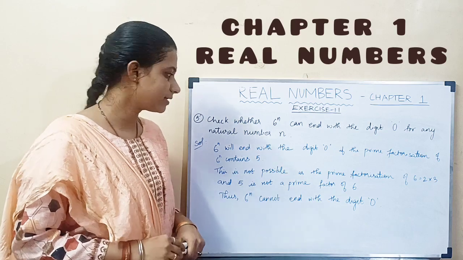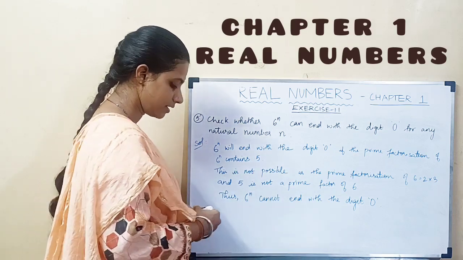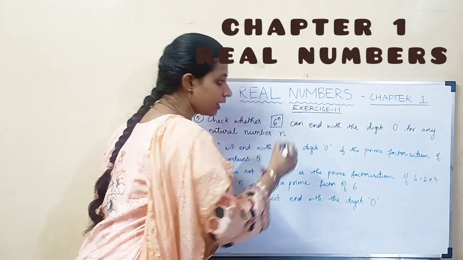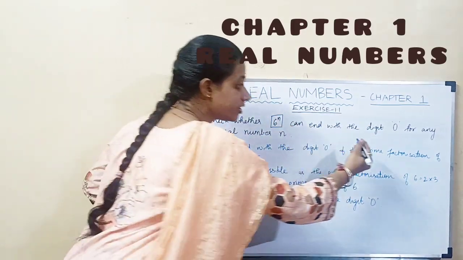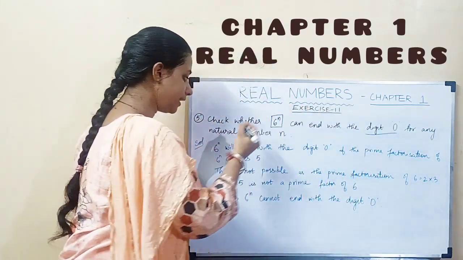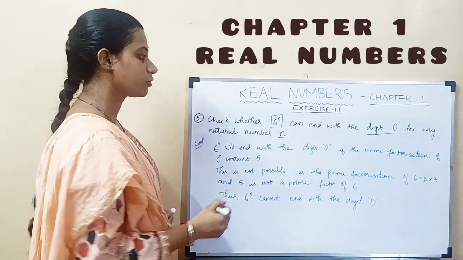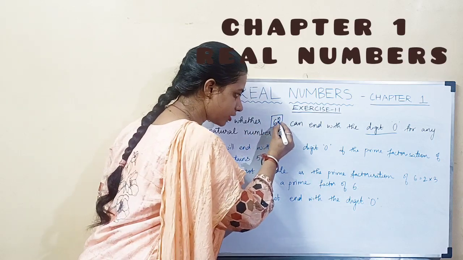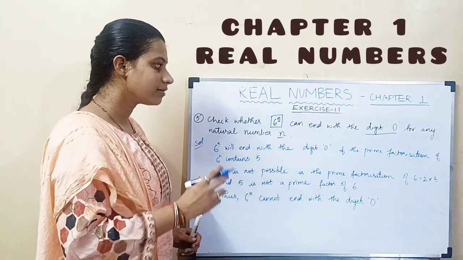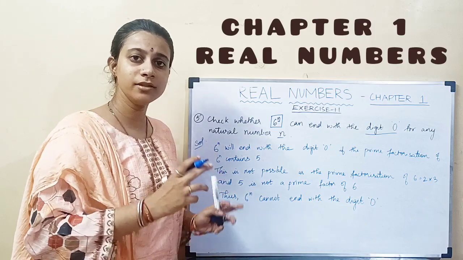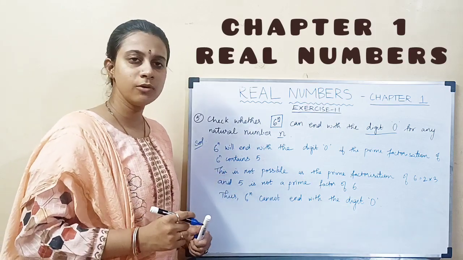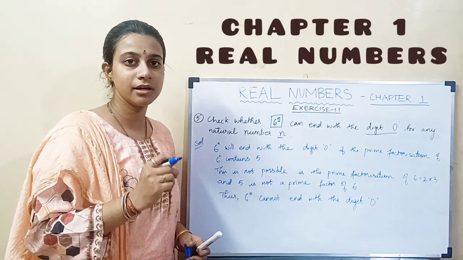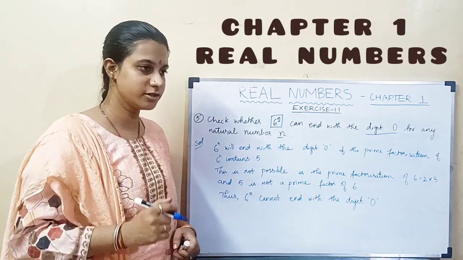The fifth question reads: check whether 6 power n can end with the digit 0 for any natural number n. So in 6 power n, they are asking if n is any natural number, can 6 power n end with digit 0? So now let's first understand what it means for a number to end with the digit 0.